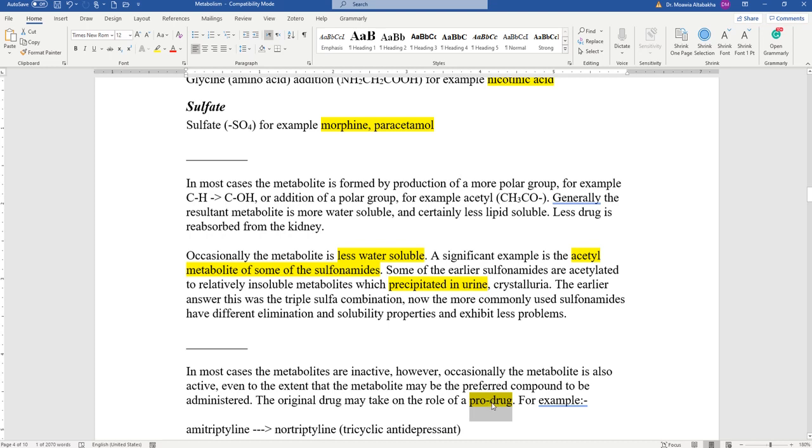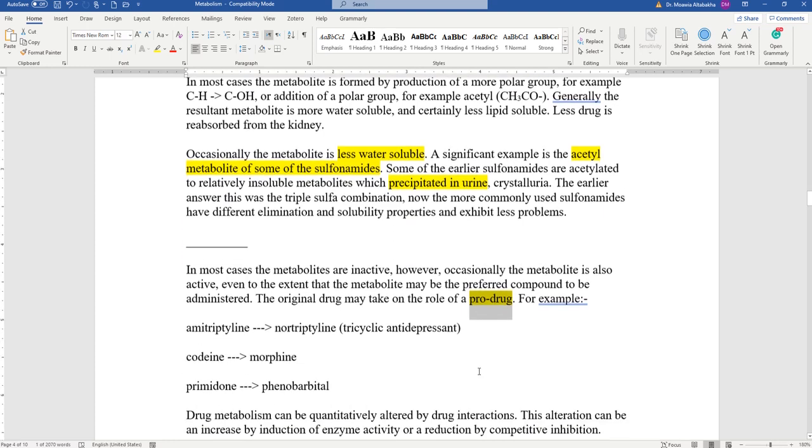You need to be careful about this, because, for example, if you have increased metabolism, this can cause a prodrug to be more effective. بدل ما يكون elimination تاعه its elimination is fast and less effective, لا بيكون more effective in case of prodrug when you have increased metabolism. So you have to be careful about that.